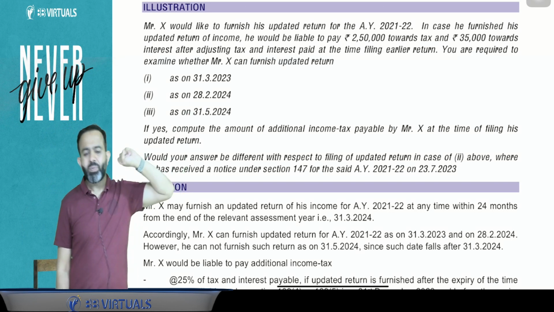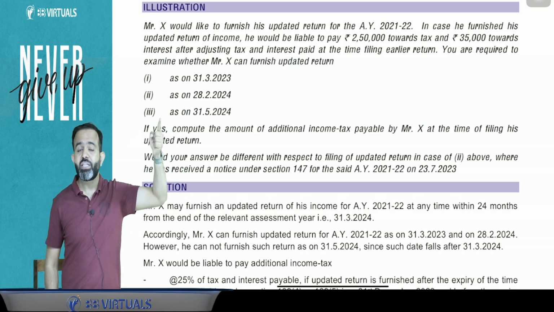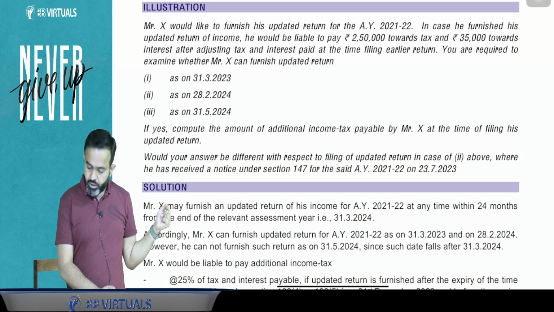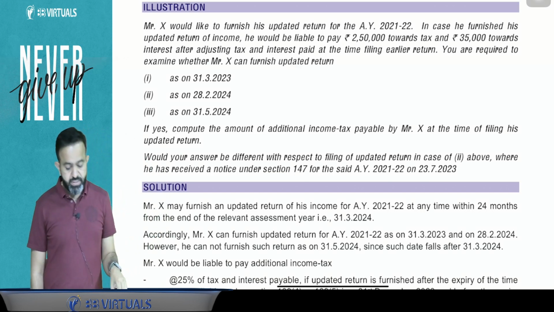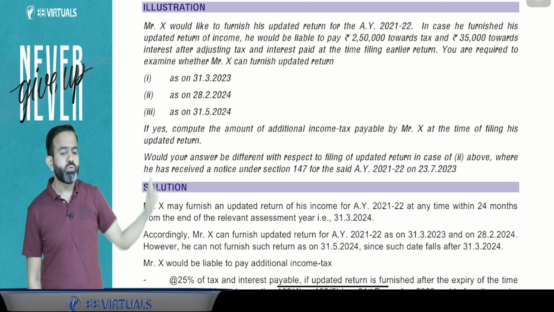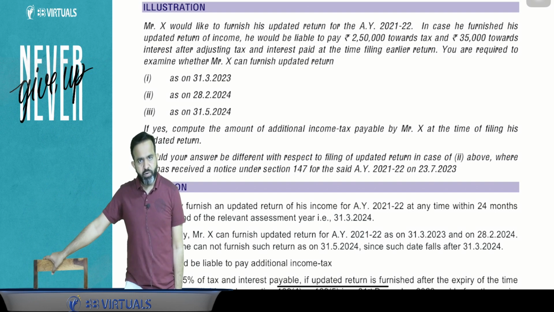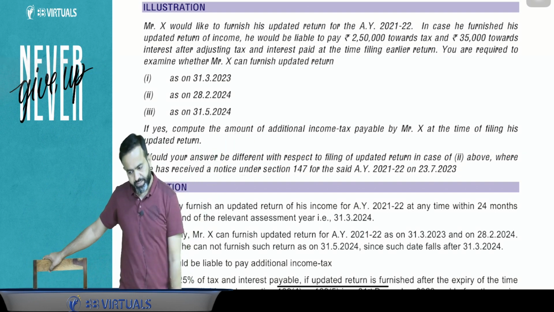Now on 28 Feb 2024, yes, you can file the updated return, but you have to pay 50% additional tax, which is 2,85,000 multiplied by 50%, comes to 1,42,500. And third is 31st May 2024. On 31st May 2024, can you file the updated return? Answer is no, because it is after 2 years from the end of the relevant assessment year.